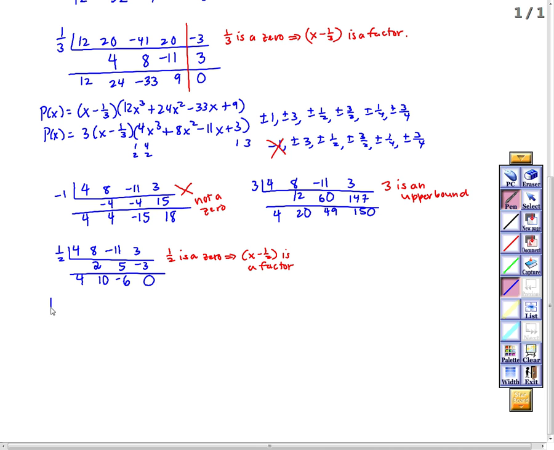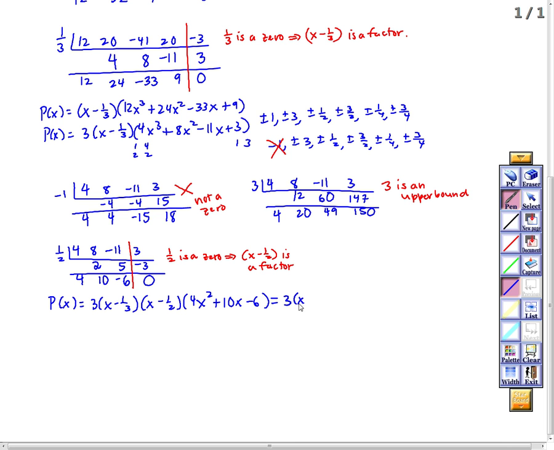Let's rewrite our polynomial. P of x equals 3 times x minus 1/3. That was the piece from before. Now I'm going to take this piece and write x minus 1/2 times 4x squared plus 10x minus 6. Remember, this was my remainder. If you notice, we can also factor out a 2 here.